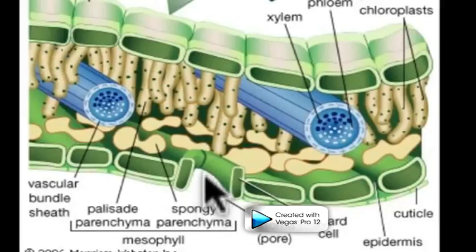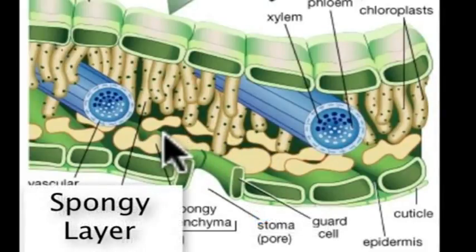If you were able to shrink yourself down and enter the leaf here, you would notice there's an awful lot of empty space. This layer here is called the spongy layer, and is supported by these cells called spongy cells or parenchyma cells. And they're simply there for structure. This layer is actually like the lungs of the leaf because it allows for gas exchange between the cells and the air.